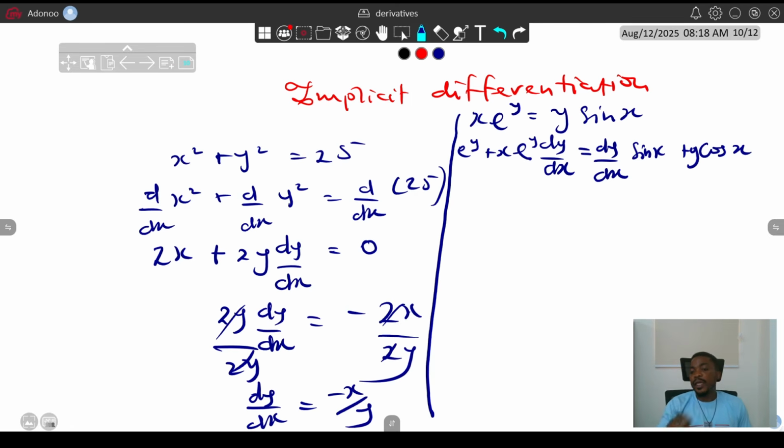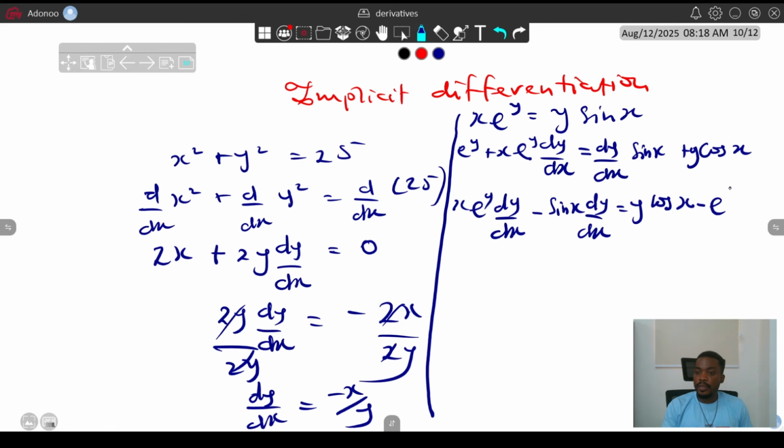The next thing is to group like terms and then make dy dx the subject. So we say x e raised to the power y dy dx minus sine x dy dx equals y cos x minus e raised to the power y. So dy dx comes out, and then we have x e raised to the power y minus sine x.